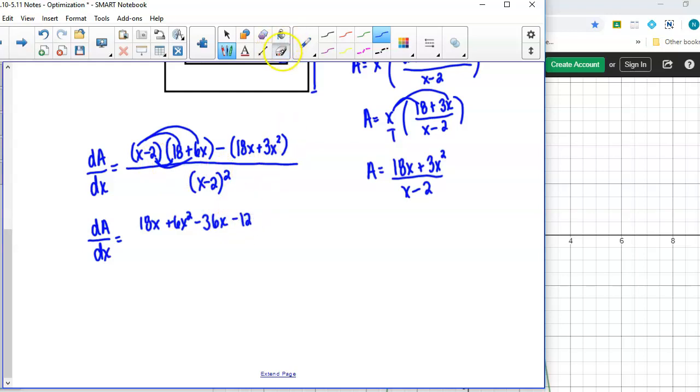No, that 36 doesn't have an x with it. 36 minus 12x squared minus 18x minus 3x squared all over x minus 2 squared.